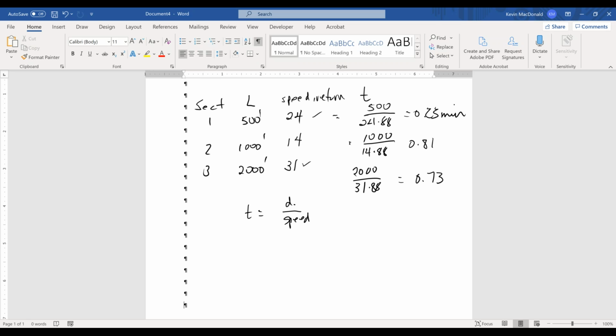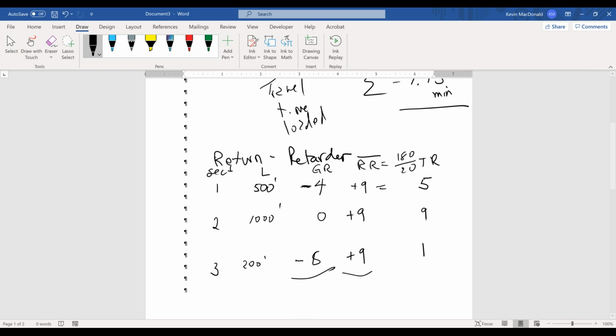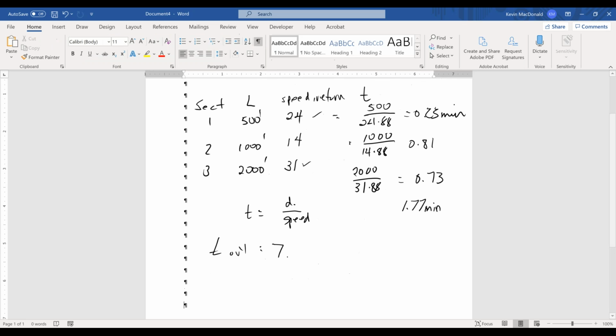And the total is 1.77 minutes. Now, the time out was 7.4 something minutes, I believe, right? 7.75. 7.75 minutes. And so now we have our entire cycle.